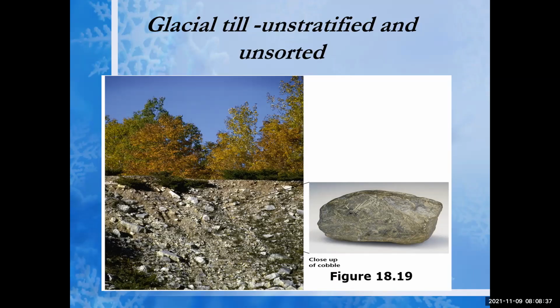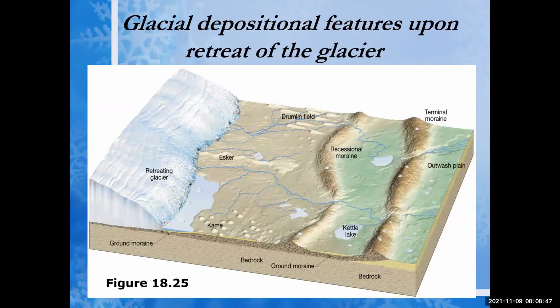There's a whole bunch of different grain sizes. So it's not layered, it's not sorted, it's just a big pile of sediment. And those big piles of sediments can result in some really interesting features.